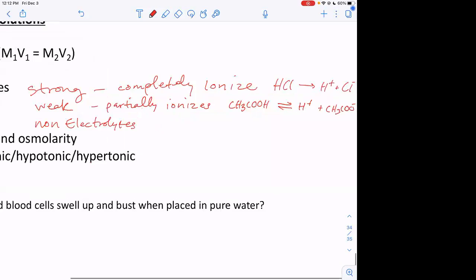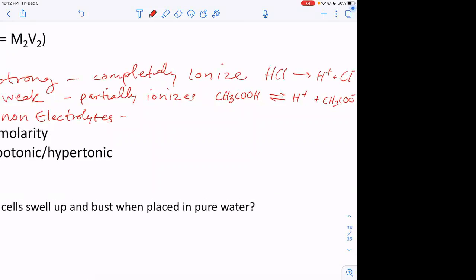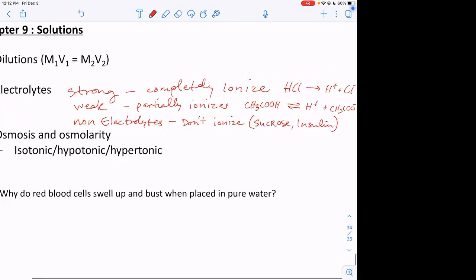I don't know if y'all can see that very well. Non-electrolytes don't ionize. This is molecules like sucrose, insulin, more biological molecules that could dissolve, but they're not going to break up into ions.